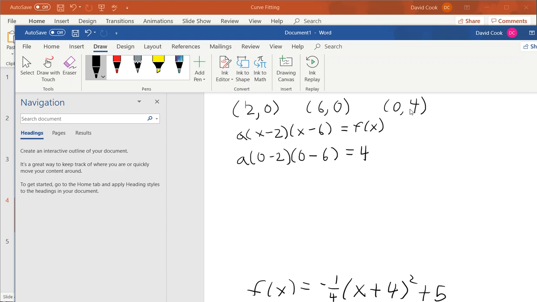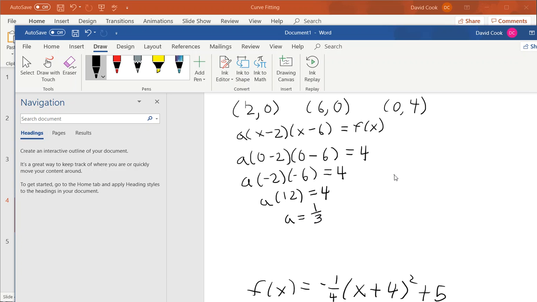That's what this coordinate means. So we get a times negative 2 times negative 6 equals 4. So a times 12 equals 4. So therefore, a is equal to 1/3.